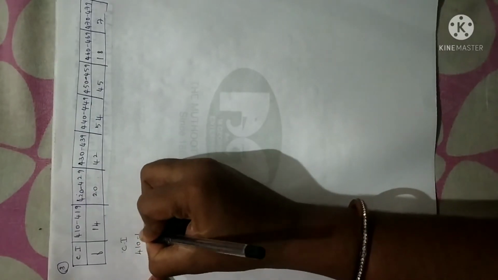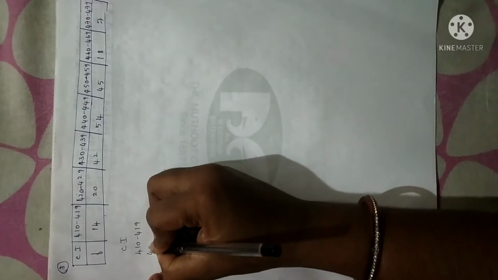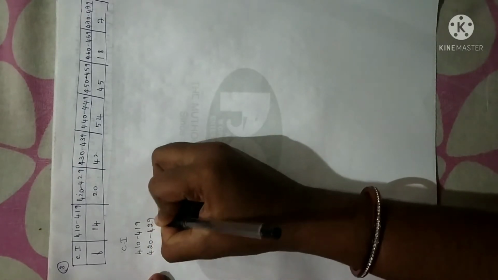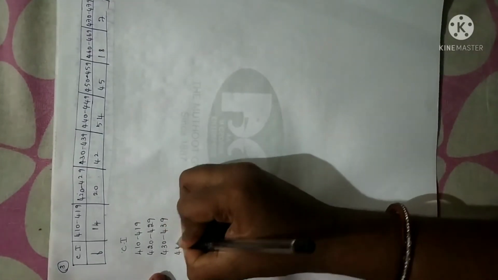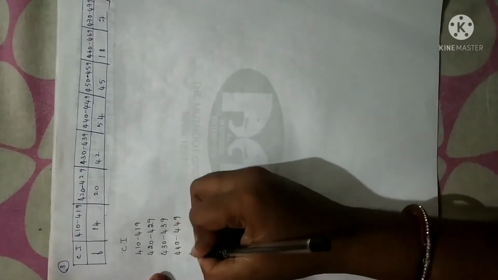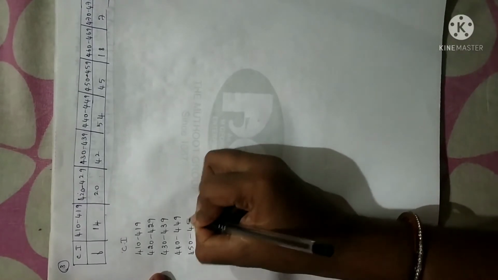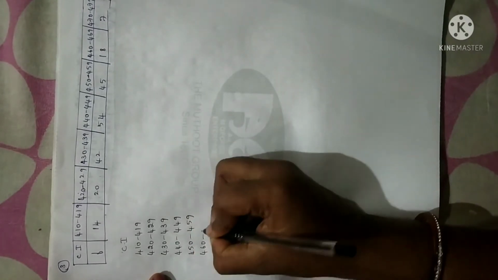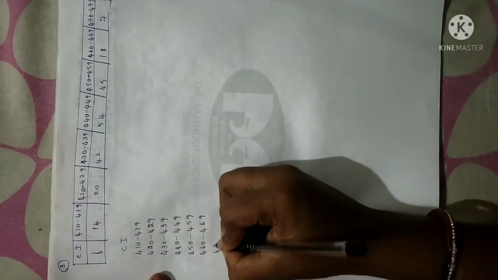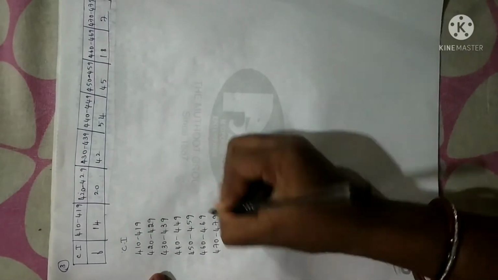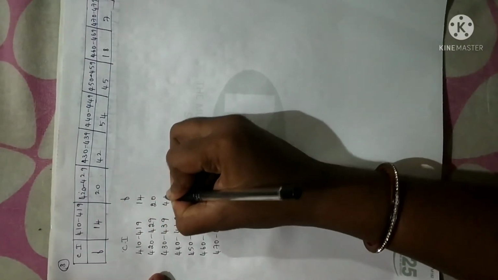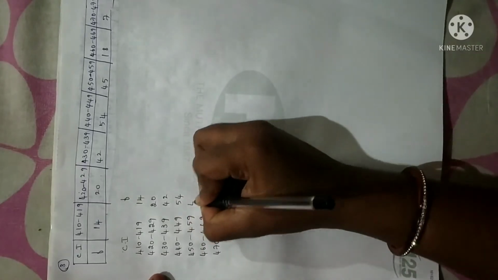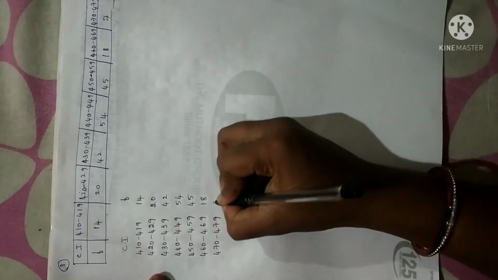So it is 410 to 419, 420 to 429, 430 to 439, 440 to 449, 450 to 459, 460 to 469, 470 to 479, and the frequencies given are 14, 20, 42, 54, 45, 18 and 7.